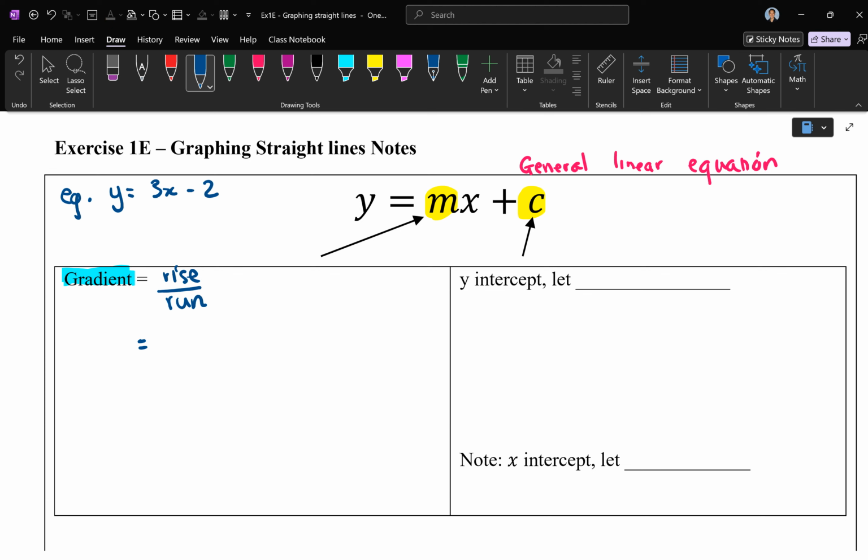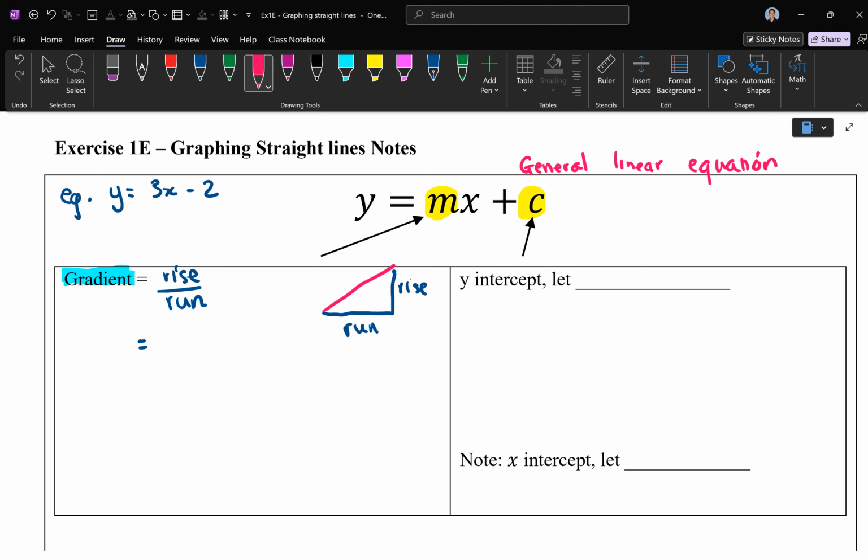If I drew, this is your run, this is your rise. So the slant or the slope is what the gradient is. How slopey the line is. The steeper it is, the higher the gradient. The flatter it is, the smaller the gradient. What else did you learn? Anything else that you know as a property of gradient besides rise and run?